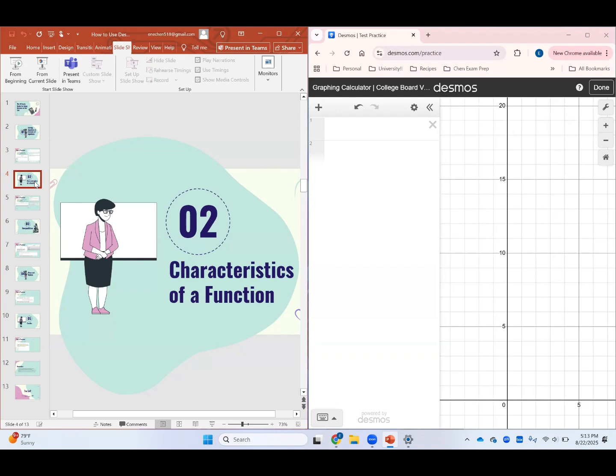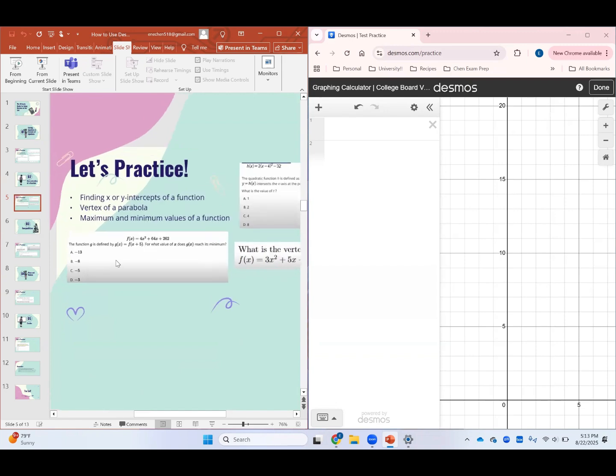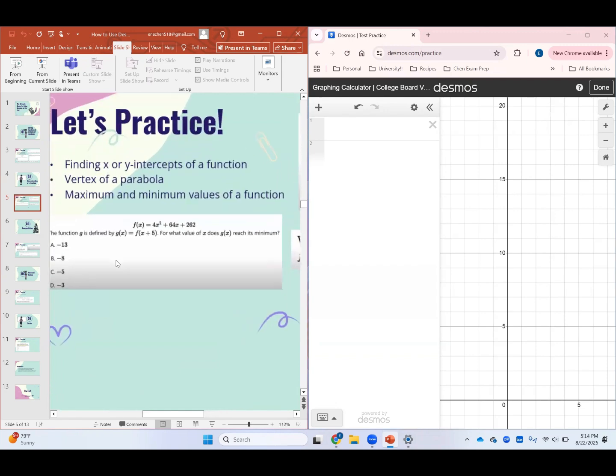So what that is, it's basically any function that has the highest power being 2. So if you have like an x squared being the highest power. So I'm going to look at these questions and solve them for you guys.